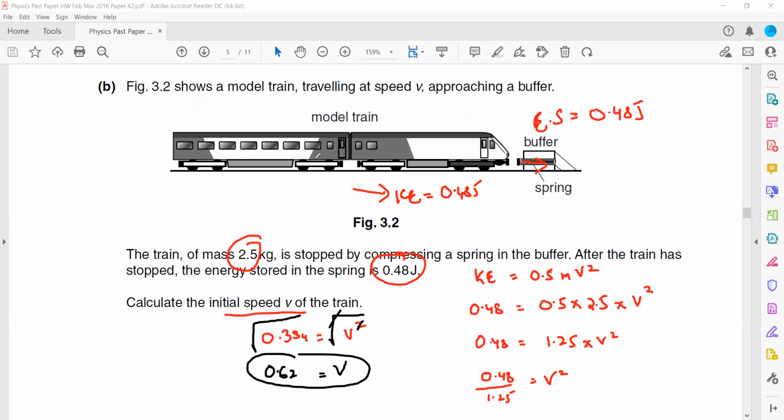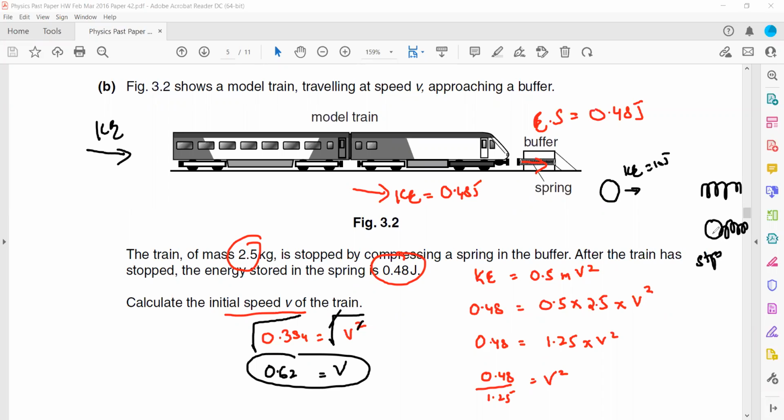Yeah. Because as they mention here, the train is stopped by compressing a spring in the buffer. The train was moving, and if anything is moving, it will have kinetic energy. And how is this train stopped completely? It is stopped by compressing a spring. For example, if I have a ball which has a kinetic energy of 10 joules and there is a spring, when the ball hits, the spring compresses and the ball stops.